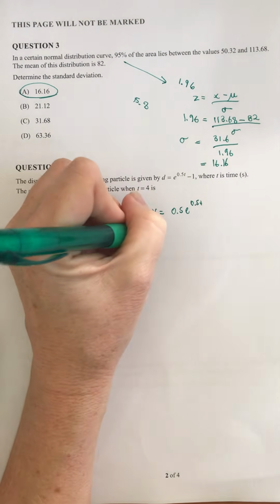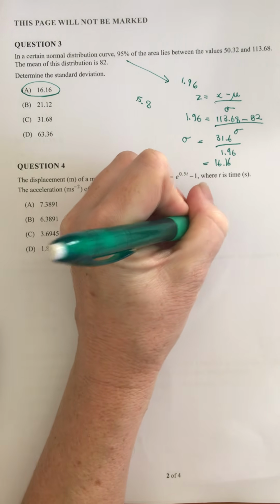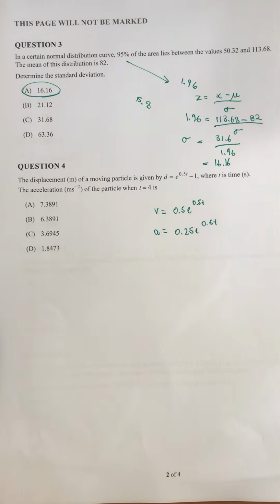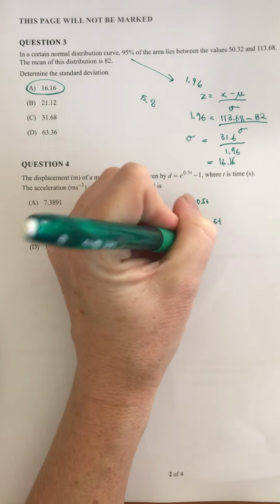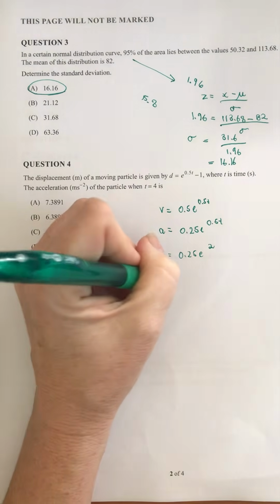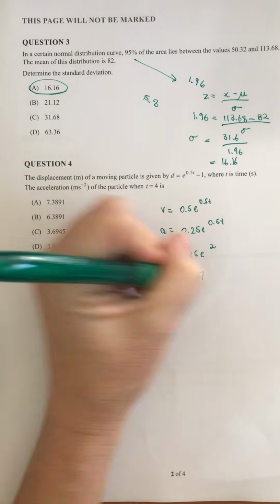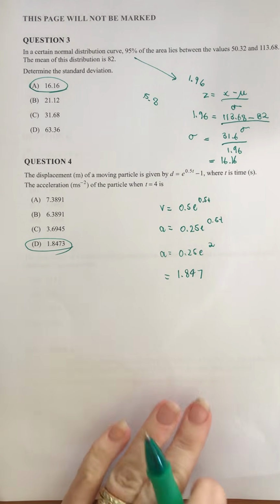And then when we do our acceleration, we will make that 0.25 e to the 0.5t, and then we're just subbing in our t equals 4. 0.5 times 4 is just 2, and then we can work that out on our calculator, and we get 1.847. So over here we've got 1.847 as an option, which is D.